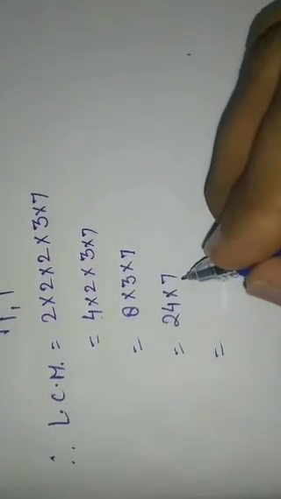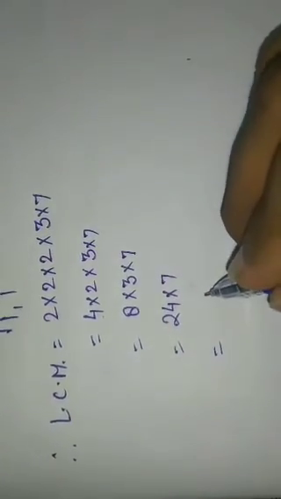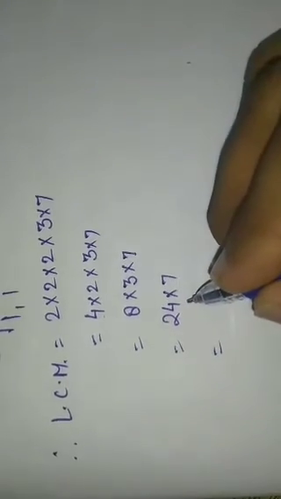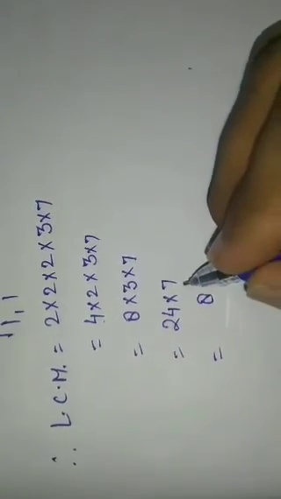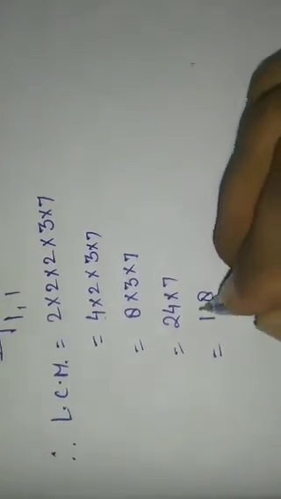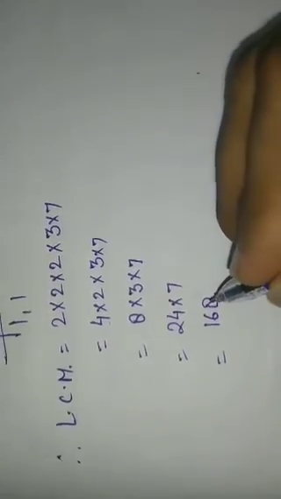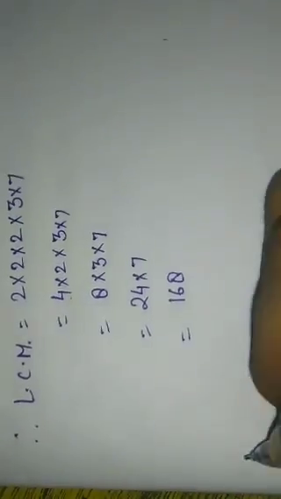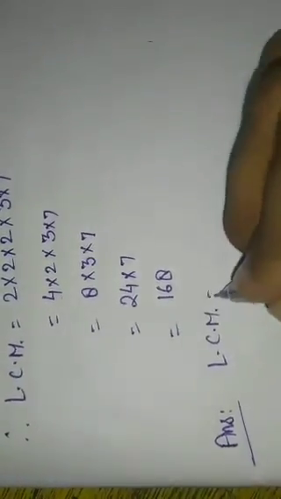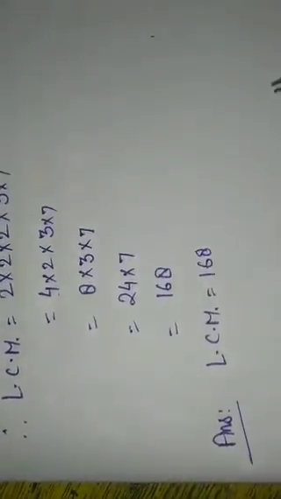You can multiply it: 7 fours are 28, then 7 twos are 14, 14 plus 2 is 16. So your LCM is 168. So you can write the answer: LCM is equal to 168.